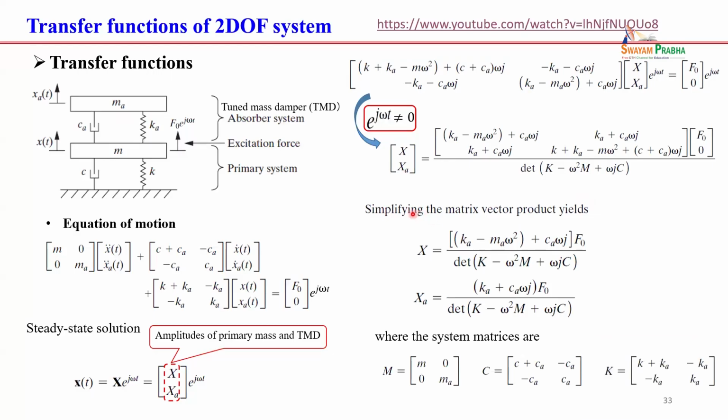Now you simplify this relationship from here, you get X amplitude of the primary system and amplitude of the secondary system, in matrix form. When you solve that, you have the so-called damped natural frequency, right? In the characteristic equation for this one, you have damping here. This is called damped natural frequency. Without damping is undamped natural frequency.